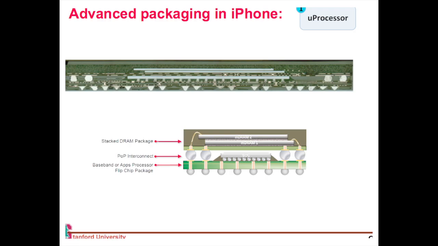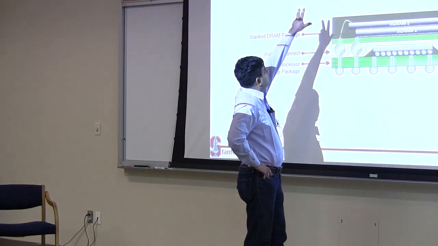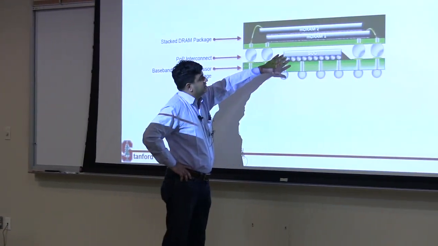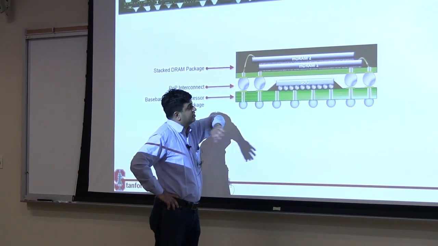This is something I just touched upon earlier as well, but the microprocessor in all your smartphones is a package on package. What it means is that the bottom layer is typically your microprocessor or your system on chip, and the two chips you see on the top in that SEM image are DRAMs, which are placed on top of this microprocessor.